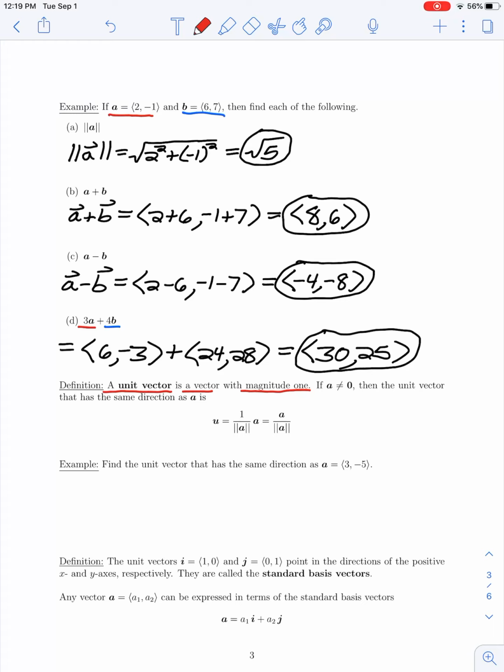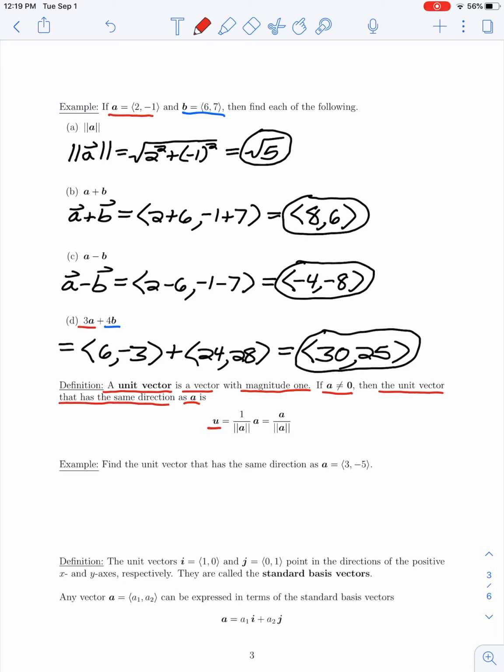Now, if we have any non-zero vector, let's say some vector A, which has some positive magnitude and some direction, then we can find the unit vector, that is the vector of magnitude 1, that has the same direction as A, as follows.